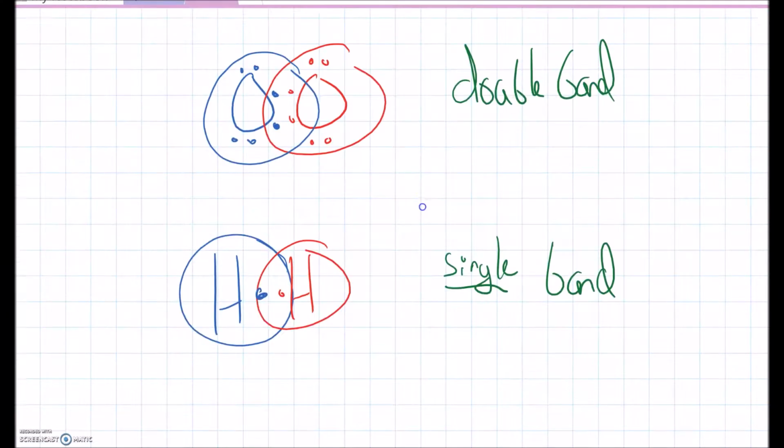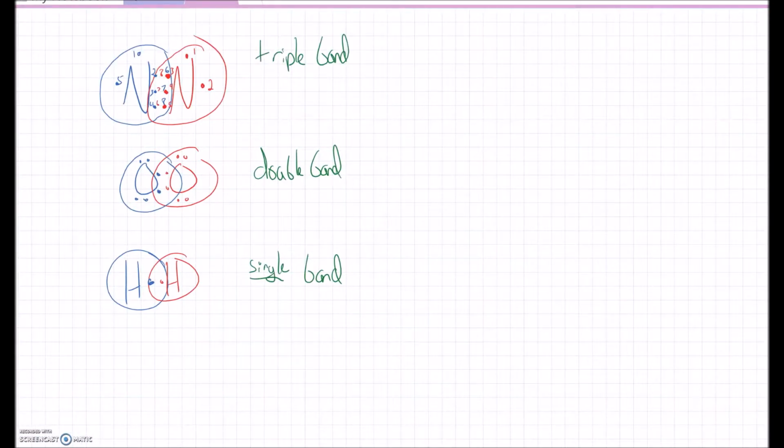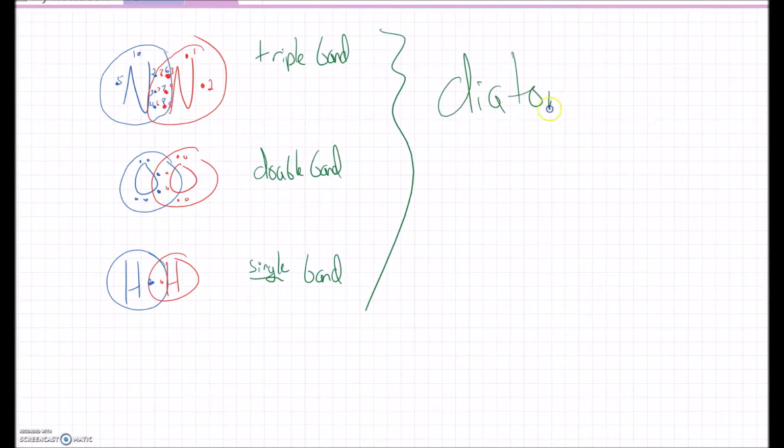When 2 atoms that are the same bind to each other, so 2 nitrogens together, 2 oxygens together, 2 hydrogens together, these are all examples of diatoms. What do you think diatoms, or diatomic molecules, mean? 2 atoms.